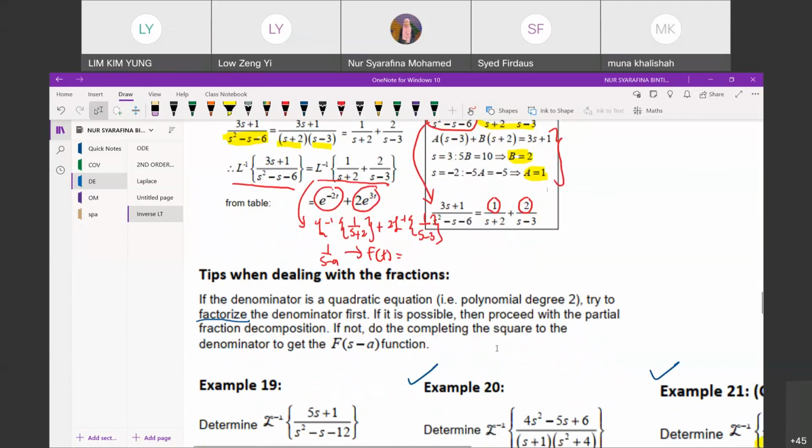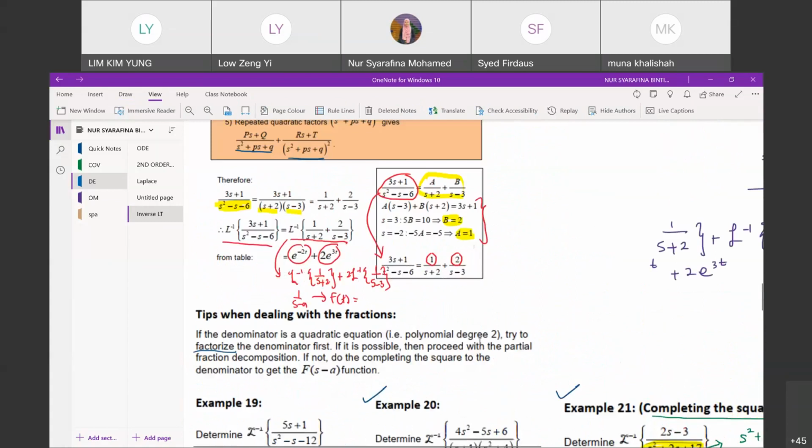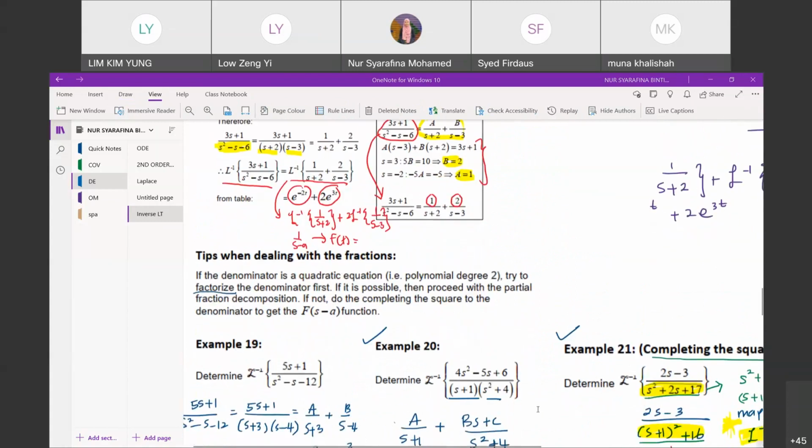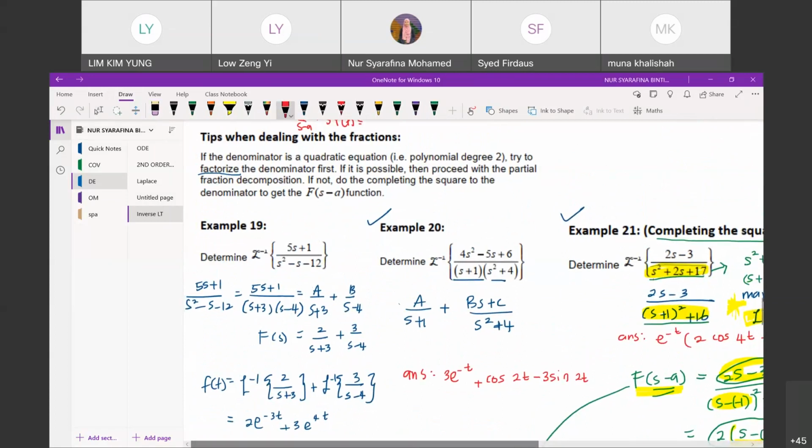Okay, let's try this example. For this one, it is easy for you to factorize because this is just a linear factor here, right?